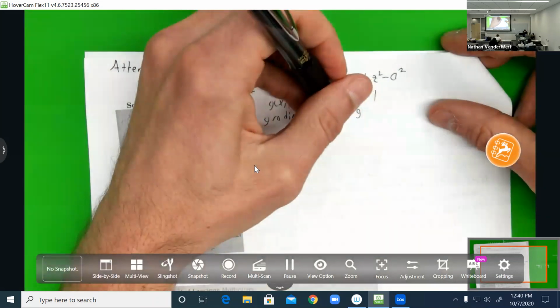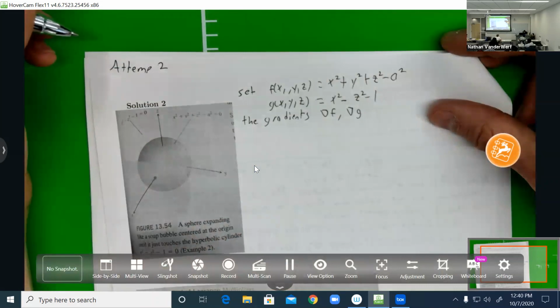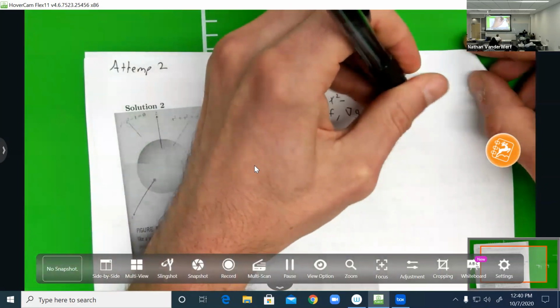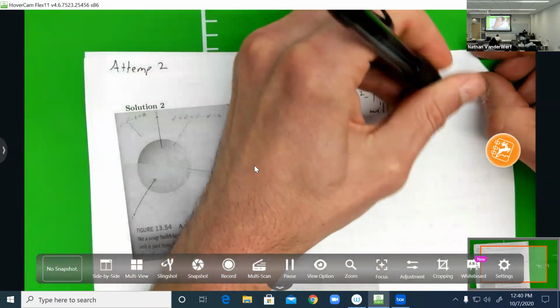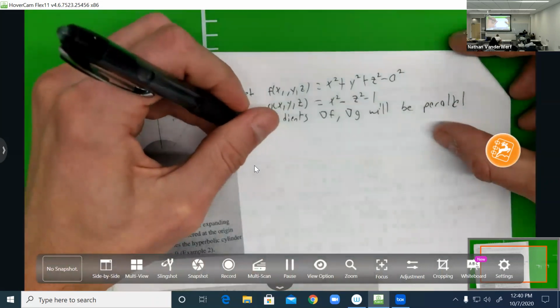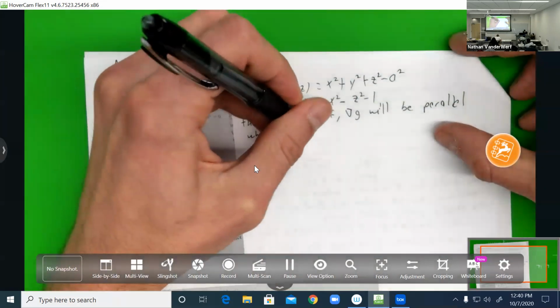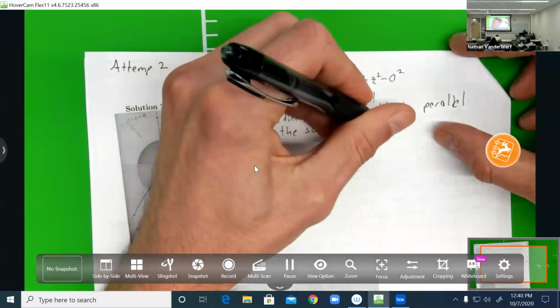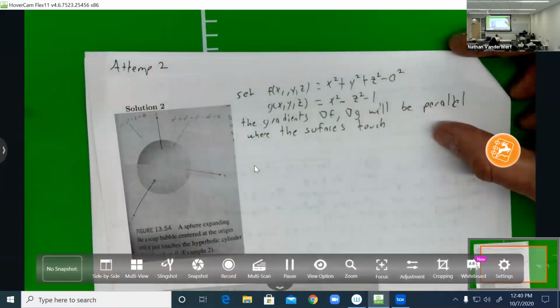So the gradients delta f and delta g will be parallel where the surfaces touch.